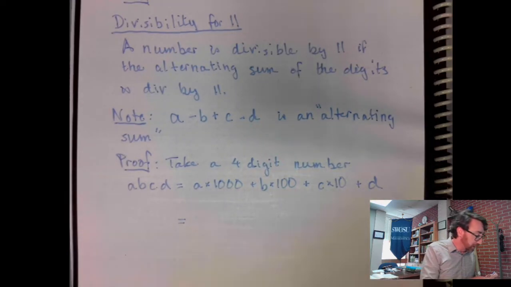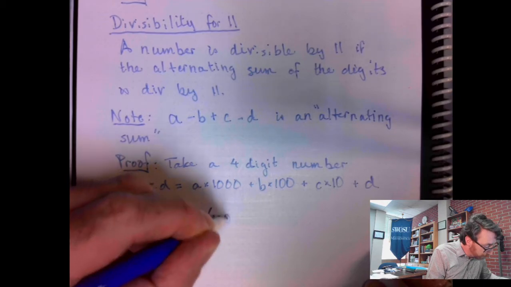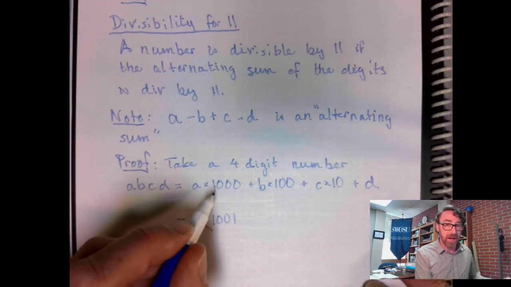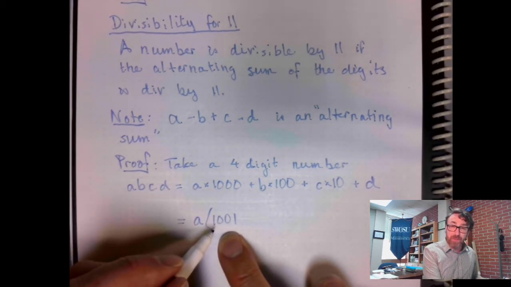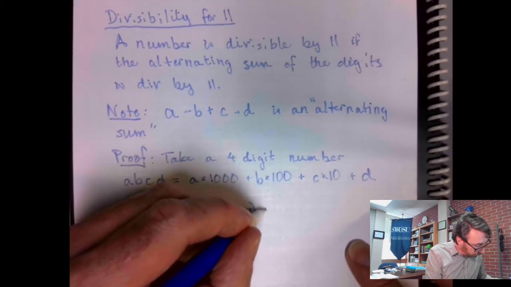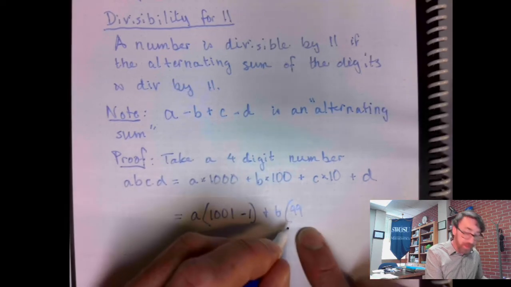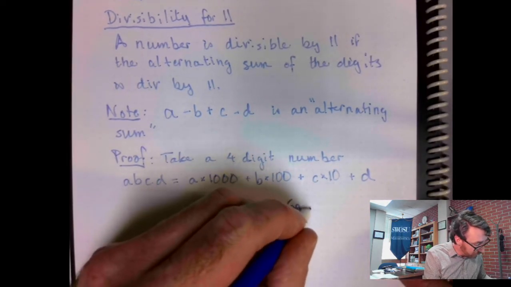However, 11 does go into 1001. So instead of viewing this as 999 plus 1, I'm going to look at it as 1001 minus 1. Now over here, 11 does go into 99, so I'm going to view the 100 as 99 plus 1.